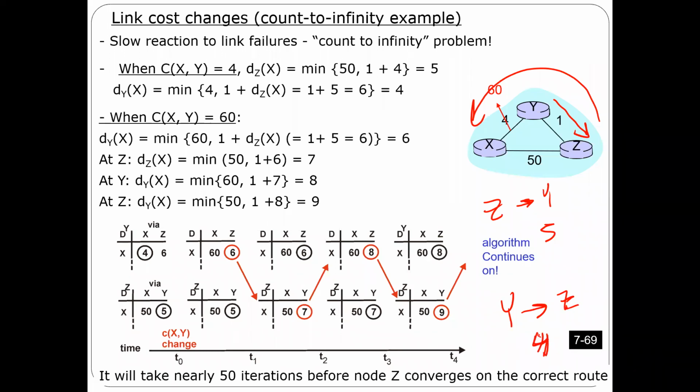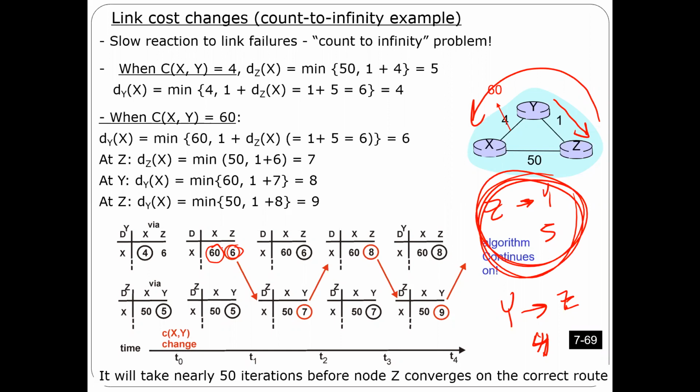So now y is going to use this route. I change this one to 60, so now I'm going to select this route. So the problem happens here.